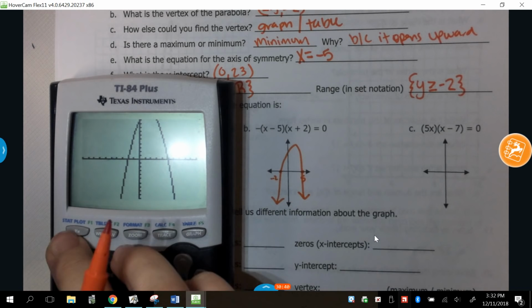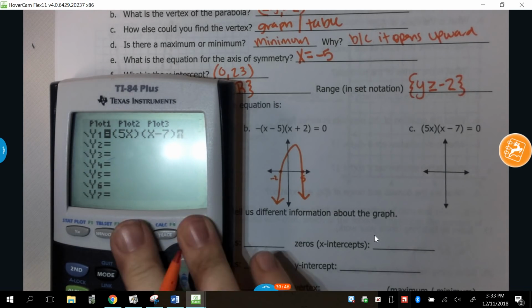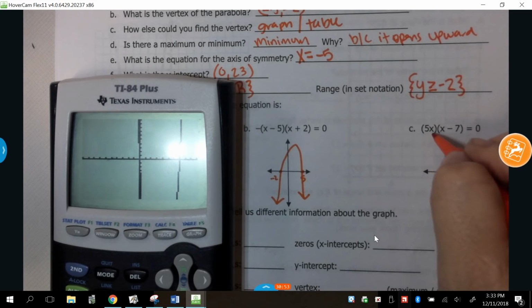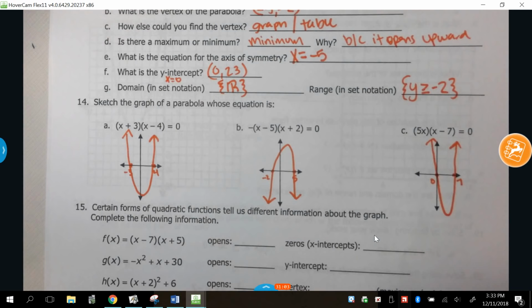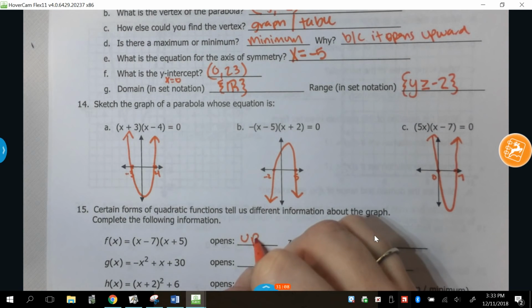And then this last one, let's see what that looks like. If I set this equal to 0, it's 0. Set this equal to 0, it's 7. It's going to look something like this, where it goes way down. So it's 0 and 7. This graph opens up.